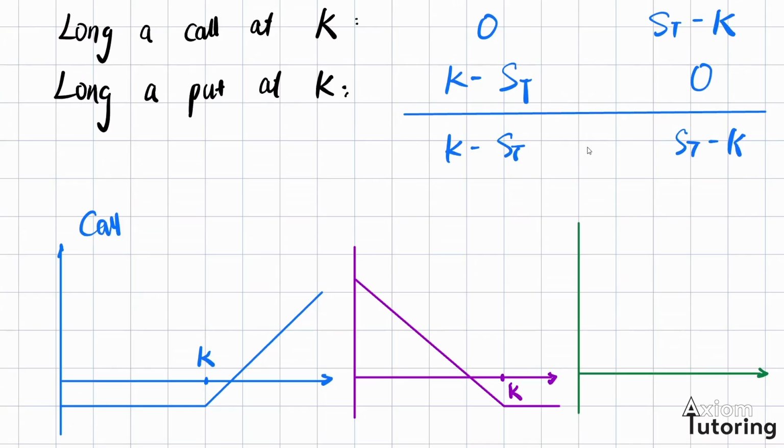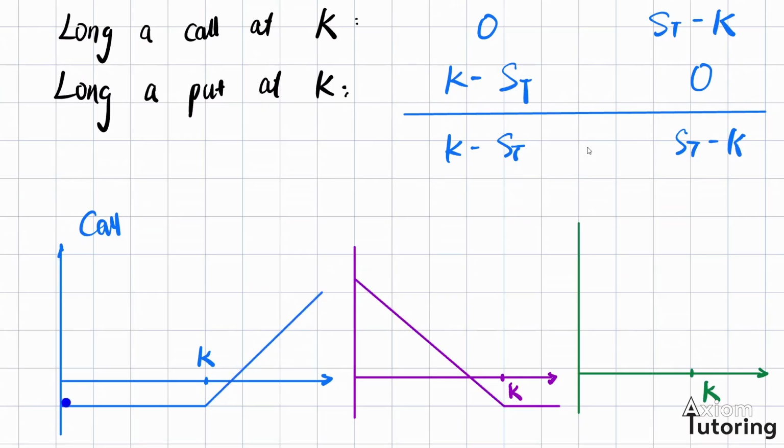With the same strike price K over here, before K, or if ST is lower than K, the call option will give us nothing, but we'll have the payoff of this put option. After K, our call option will start paying us off, but the put option is going to be worth nothing. So basically we're combining just this part and this part together.